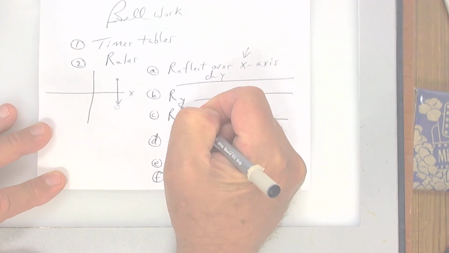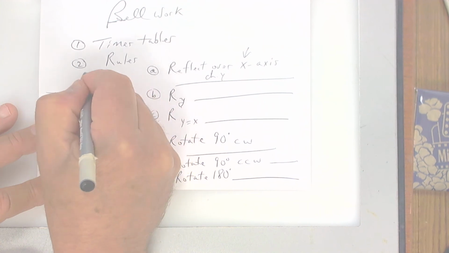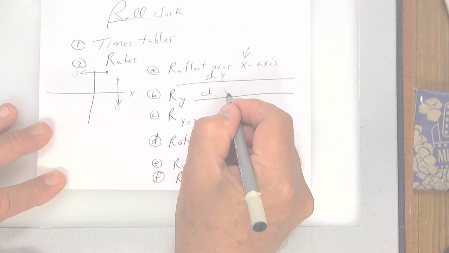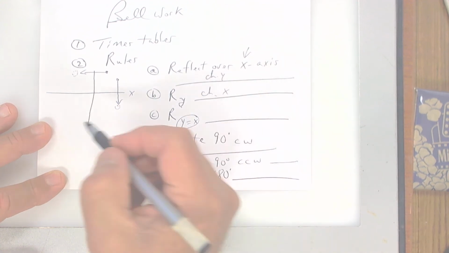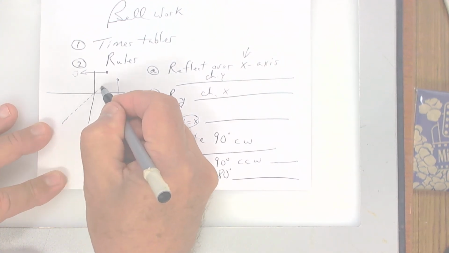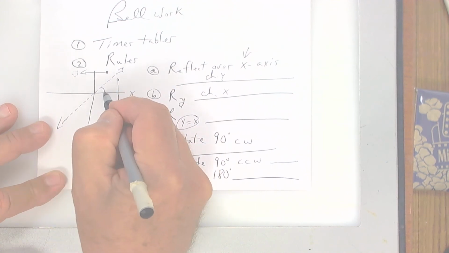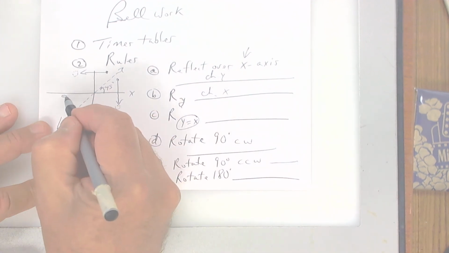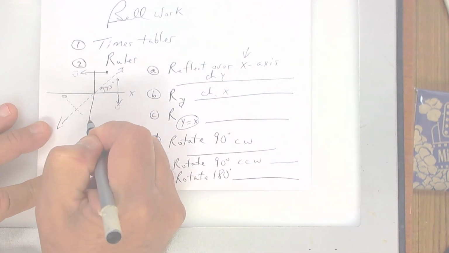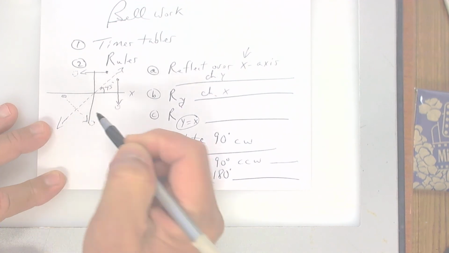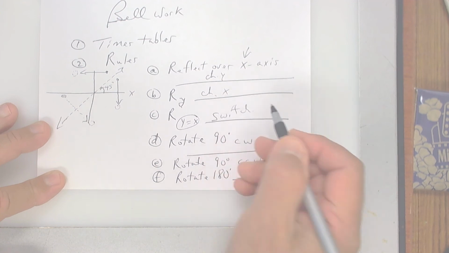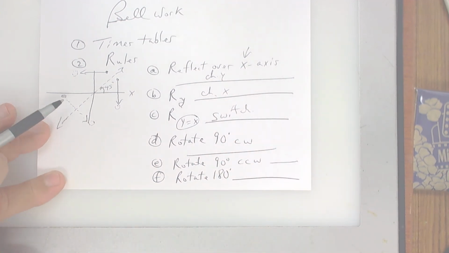If they say reflected over the y-axis, you're going sideways, so that one you change the x. If you reflect it over this line, y equals x, which is a 45-degree line, if you reflect it from here over to here, you switch them. Remember that, switch. And notice how you go straight to the line. It's got to be 90 degrees.